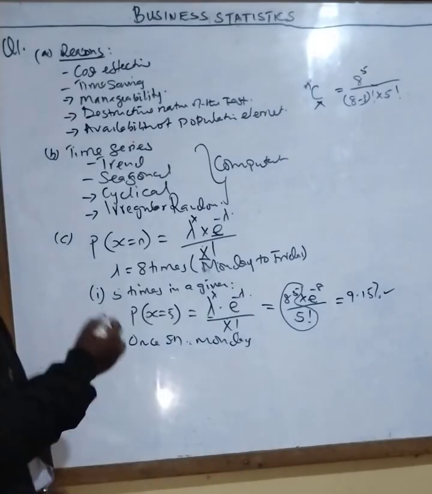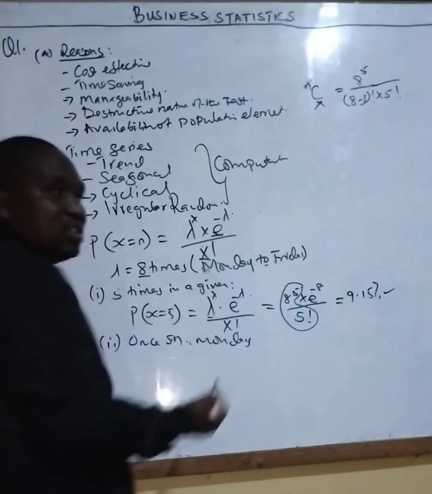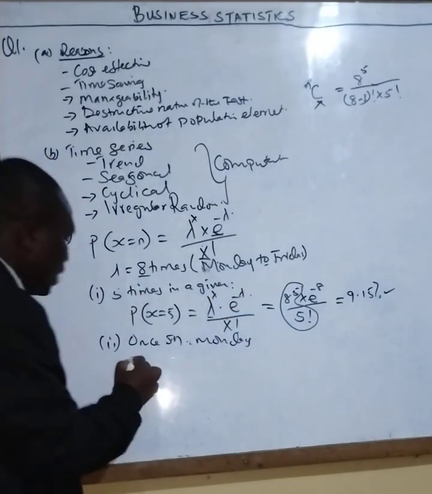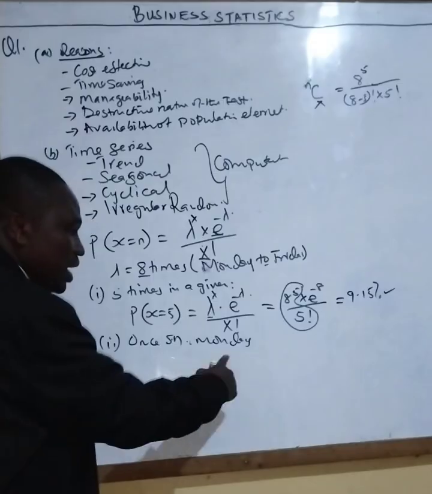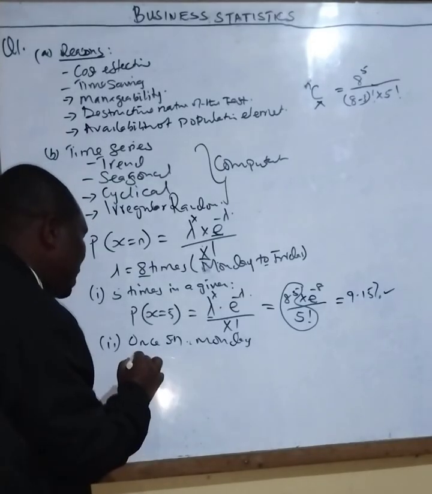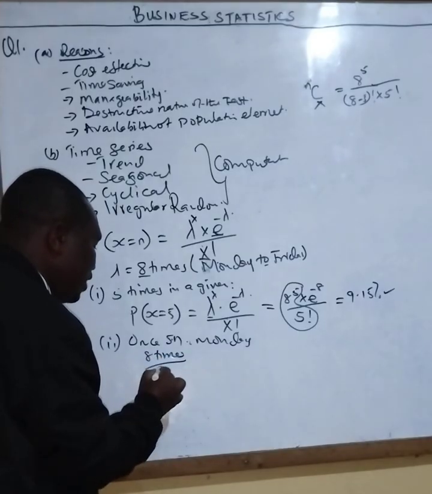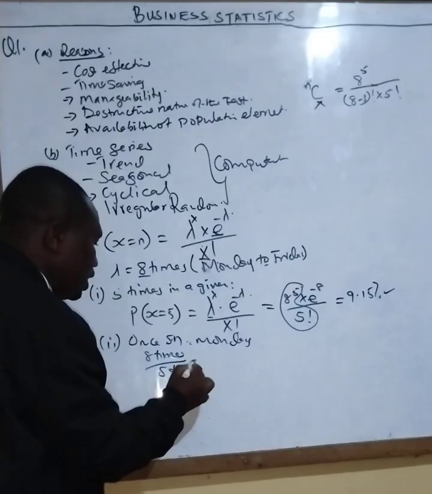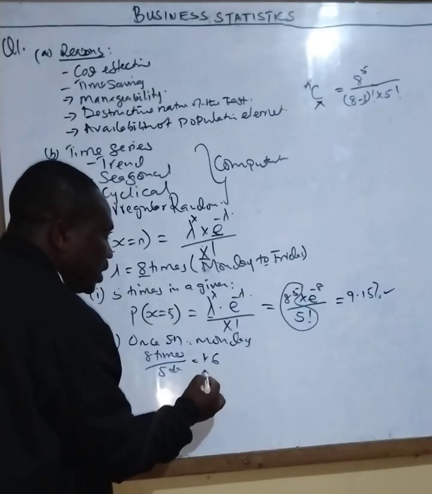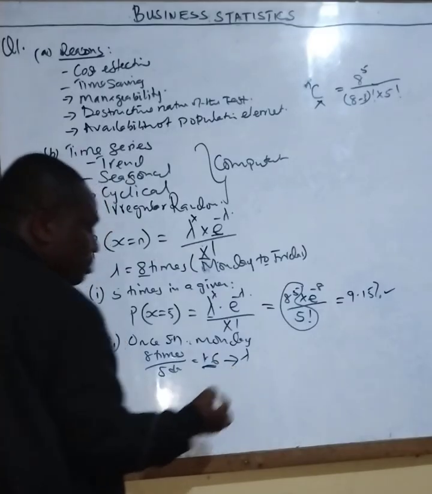So here what we have is 8 times for 5 days. What about per day? If I want to get per day the way they are saying here, per month, once on Monday, I'll just take 8 times divided by 5 days. I will get 1.6. What is this now, class? This is your lambda or your mean.